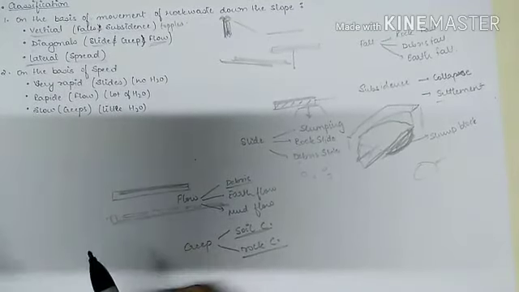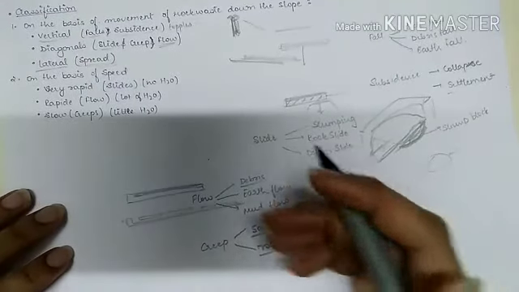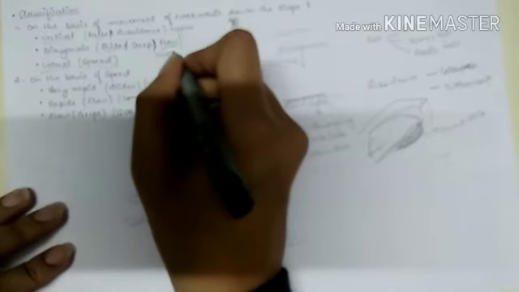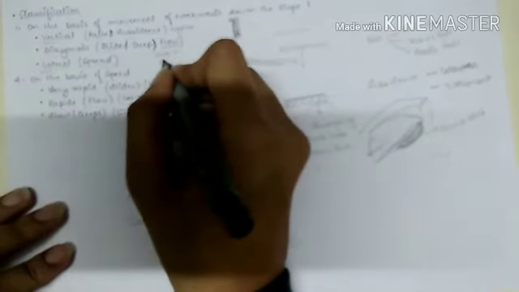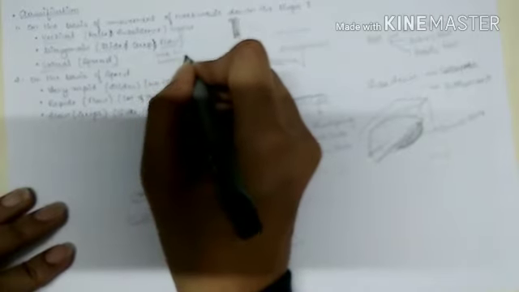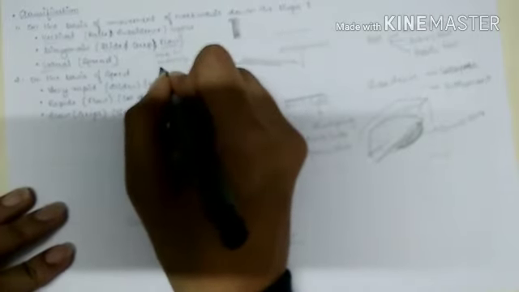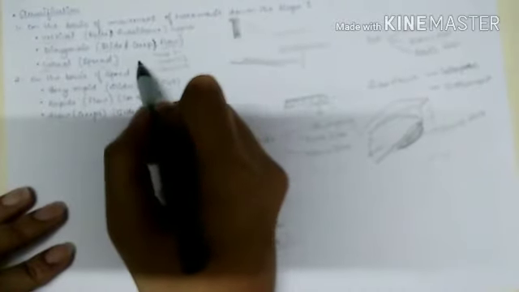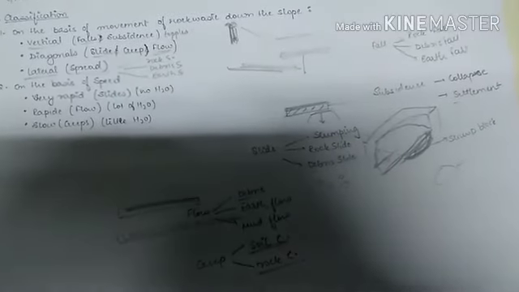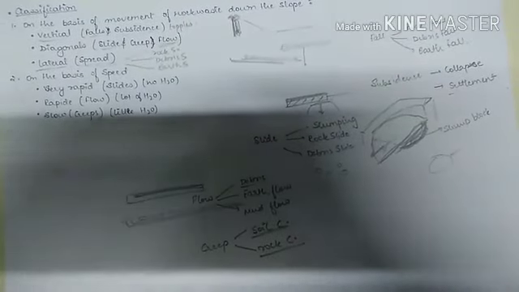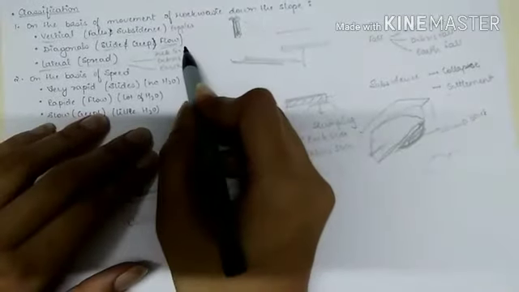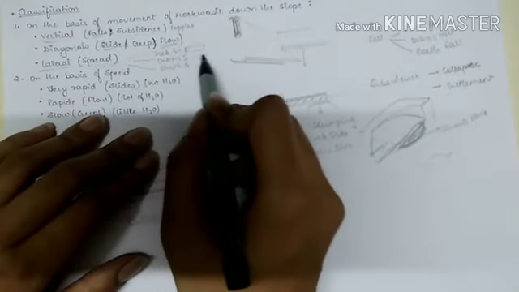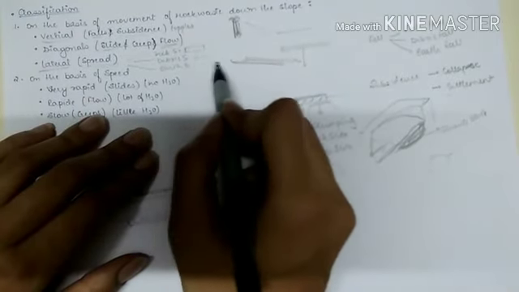Lateral spread is of three types: rock spread, debris spread, and earth spread. In rock spread, we can see disintegrated rock blocks. Here we can see small debris, and here we have finer materials.